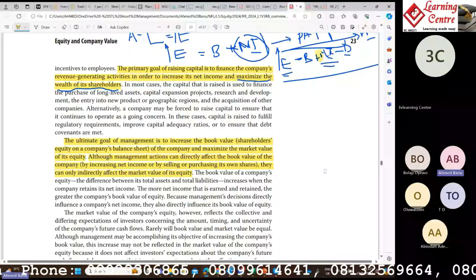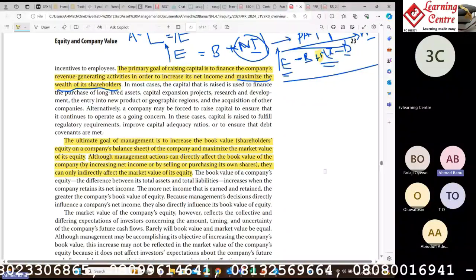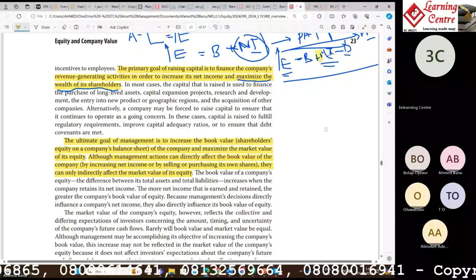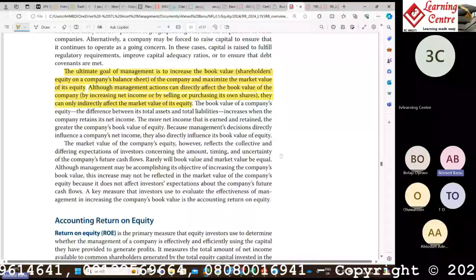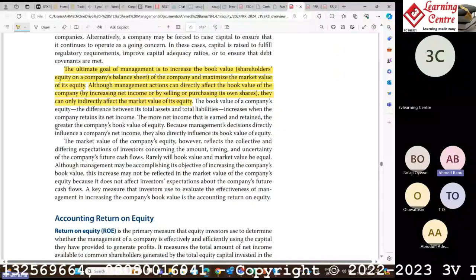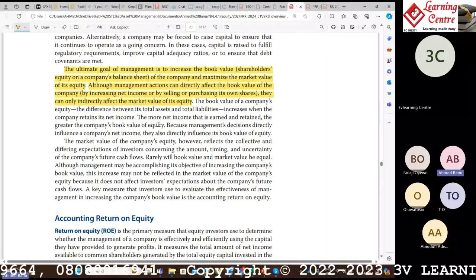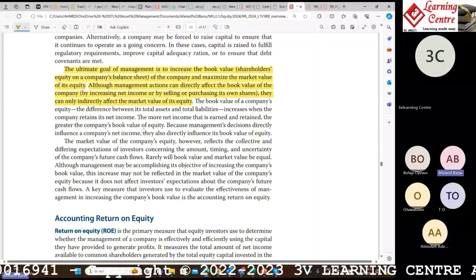The market is not seeing that company in a good light. Warren Buffett likes companies like that. So I've said everything here: the book value of the company increases when the company retains its net income. The more net income that is retained, the better your book value.